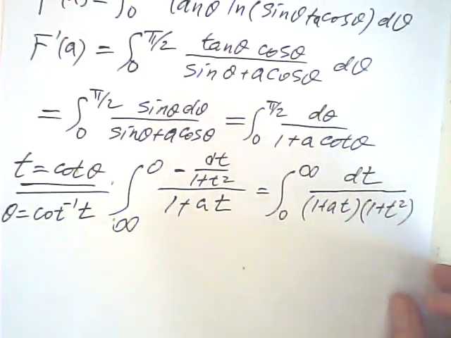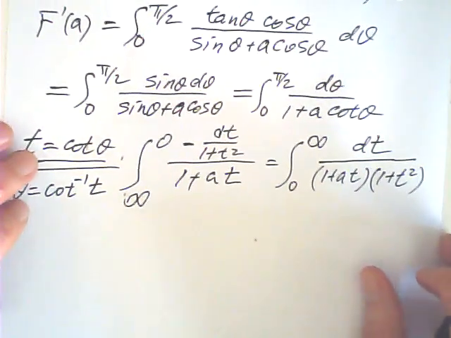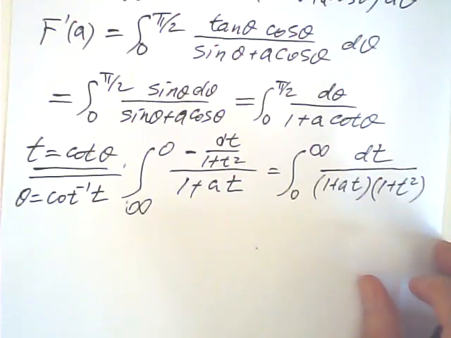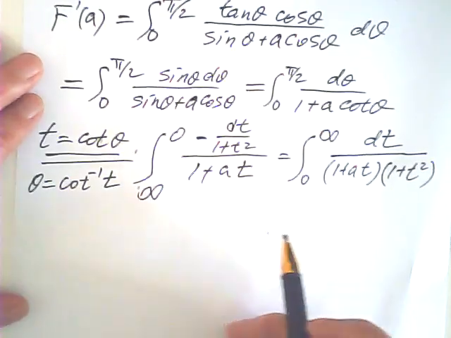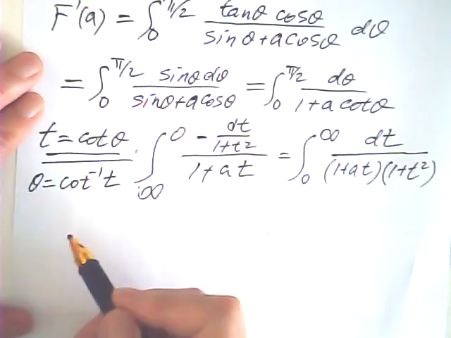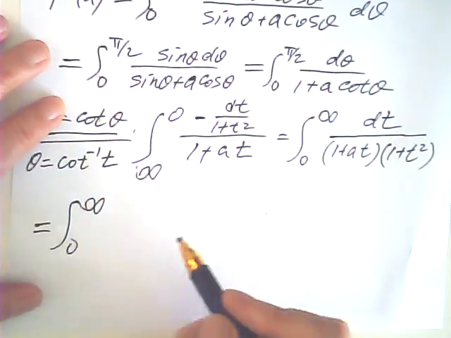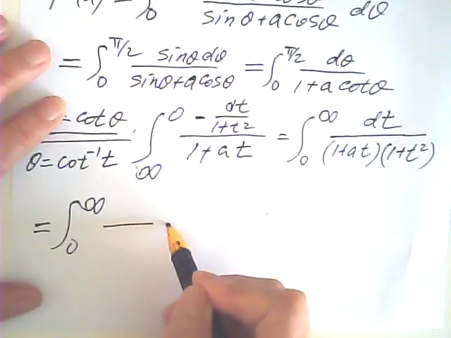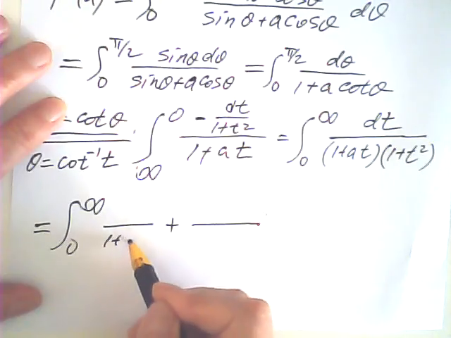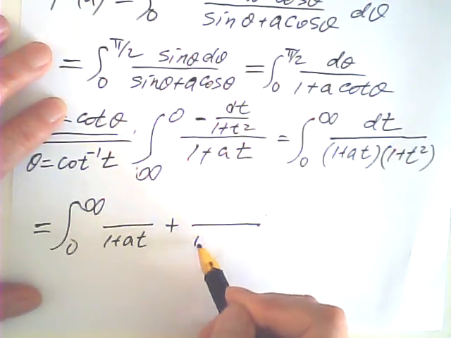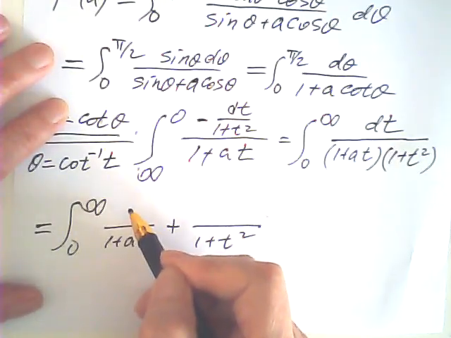Then we're using partial fractions. This one equals the integral of this plus this one, 1 plus a t, 1 plus t squared.